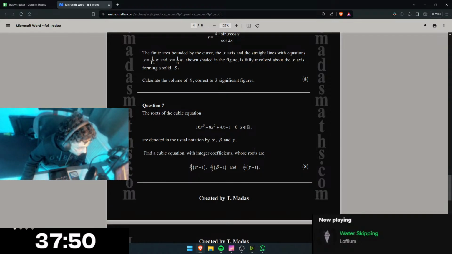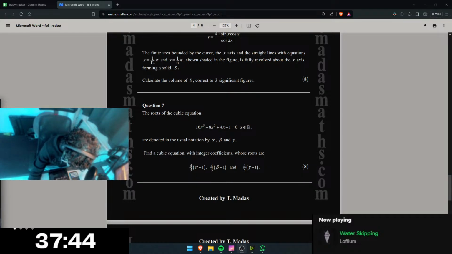Equals 27 over 64 y cubed plus 9 over 16 plus 9 over 8.